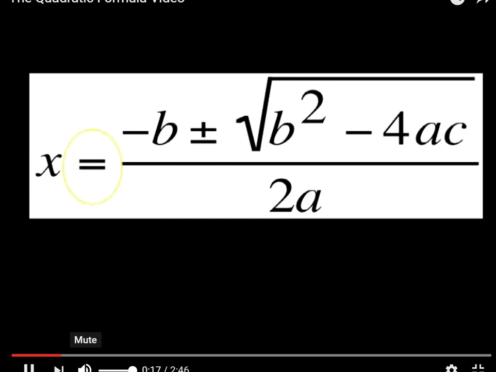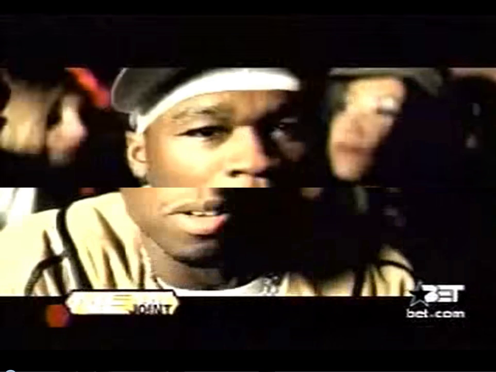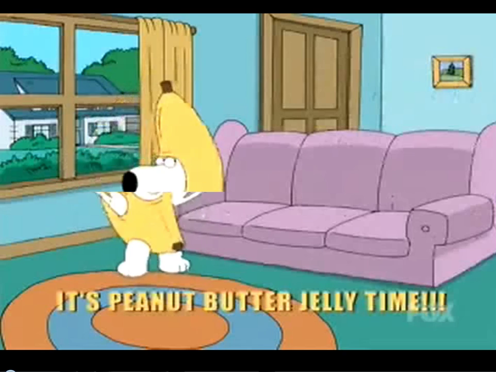X equals -b plus or minus square root b squared minus 4ac divided by 2a. I remember this now. Let's try it again.